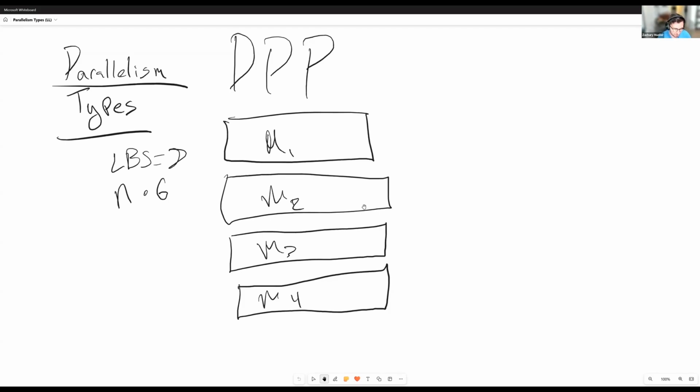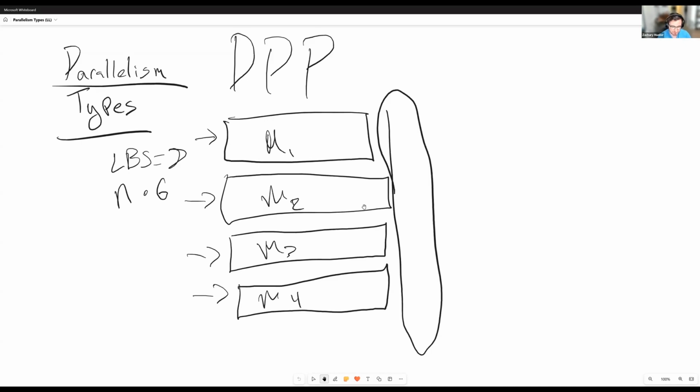So we run these replicas across every GPU, get their outputs, and average the gradients at the end before we do our loss function. And this way, we have a large batch size while essentially just replicating the model itself.